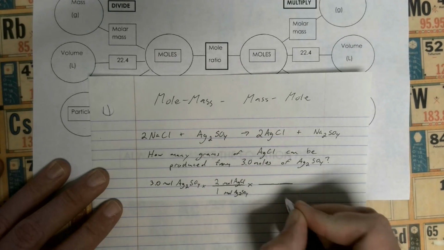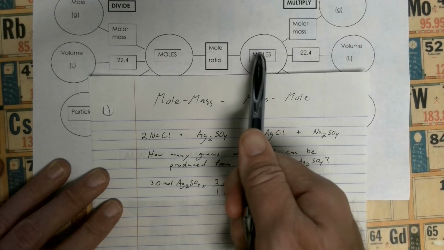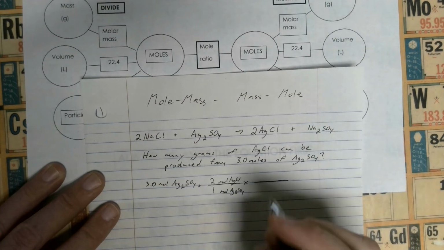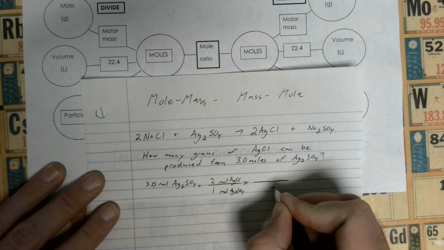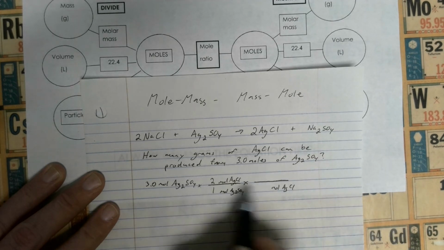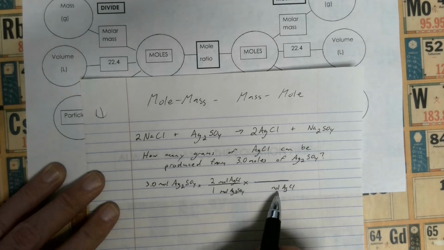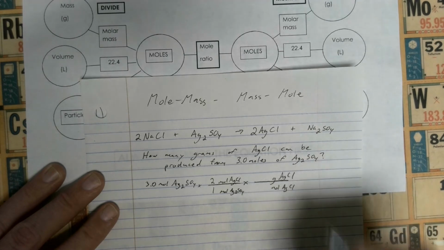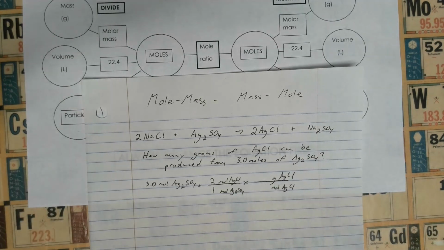Now I'm here, that gets me to there, so I need to go up to mass. So this is going to be moles of AgCl because, again, diagonally down has to match. This is moles of AgCl, that has to be moles of AgCl. And on top is going to be my grams of AgCl, in terms of my molar mass.